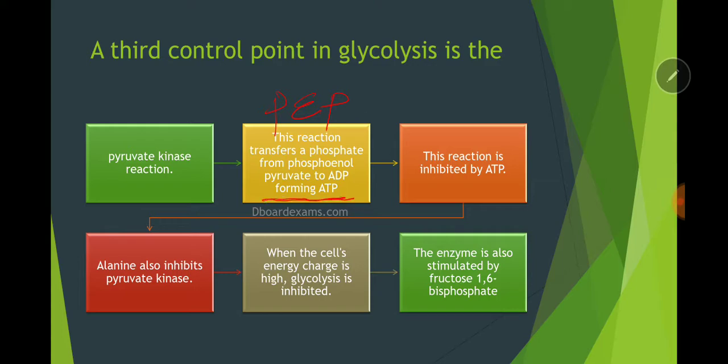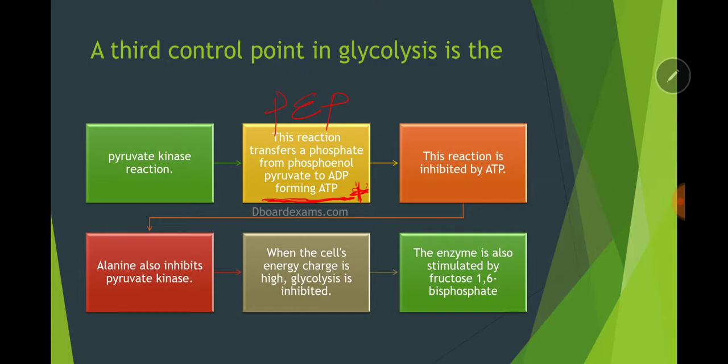Remember, glycolysis forms a gross of 4 ATPs. However, the net is 2 ATPs. So the most important portion, remember, the pyruvate kinase reaction forms ATP.